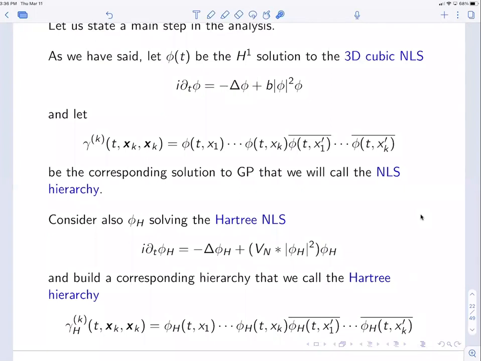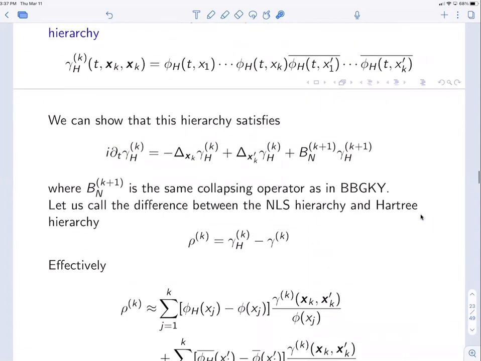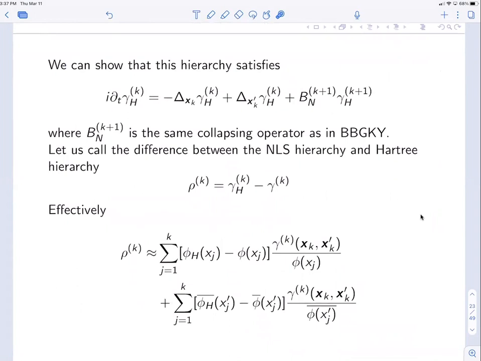And then from that, we build a hierarchy. So we just define corresponding densities in the same way that we did up here. So just a product over x1 through xk and x1 prime through xk prime with bars. And then we can show that this new hierarchy solves a hierarchy of its own, and it's given by this form, where the b n k plus 1, the collapsing operator, is the same as the one in BBGKY, and then the only difference between this and BBGKY is that there's no potential term.